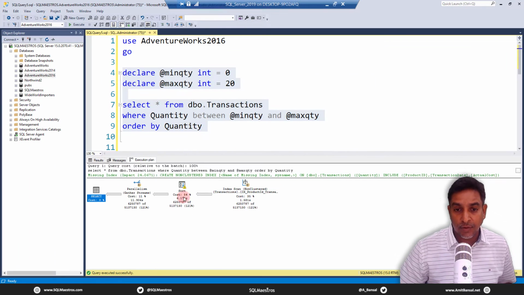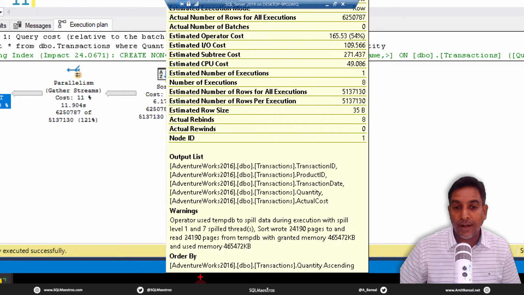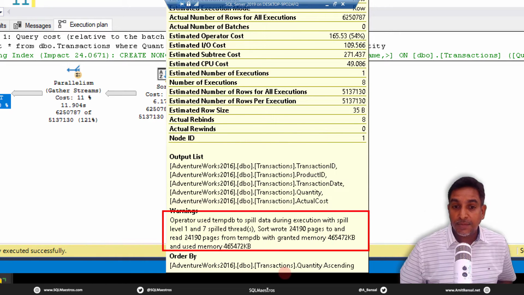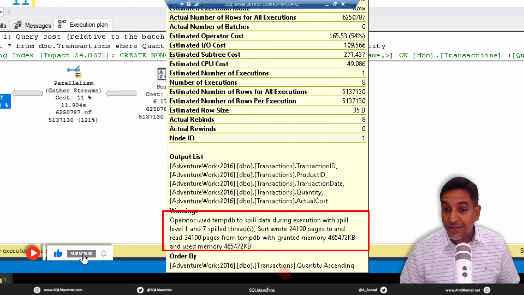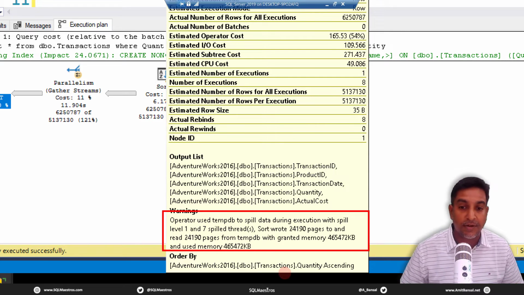So let's take the cursor over sort here and jump over to the warning section. Operator used TempDB to spill data during execution with spill level 1 and 7 spilled threads. Sort wrote these many pages to and read these many pages from TempDB with granted memory, etc., and used memory, etc. Okay, a lot of information, which is good.